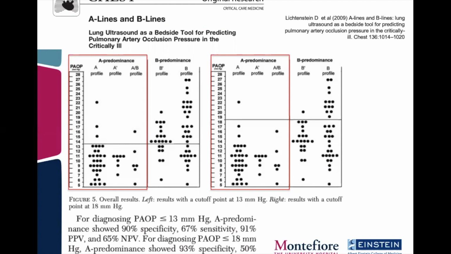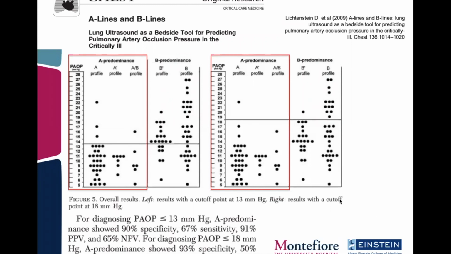So using a cutoff of 13 here and a cutoff of 18 here, the authors were able to report that an A-line predominance had a greater than 90% specificity, but a 50% sensitivity for a pulmonary artery occlusion pressure to be less than 13 and less than 18.